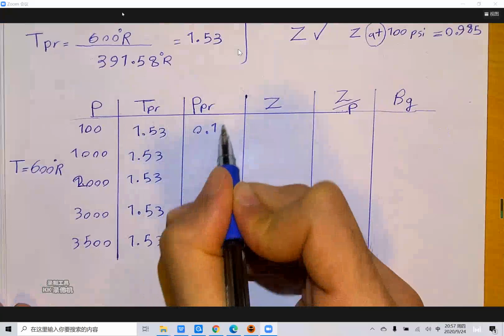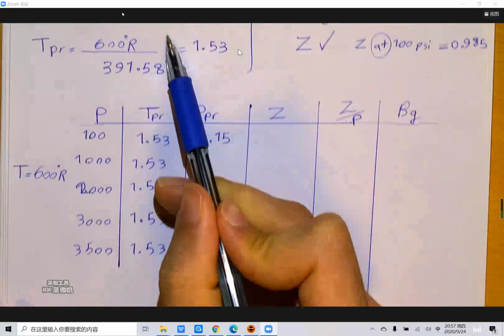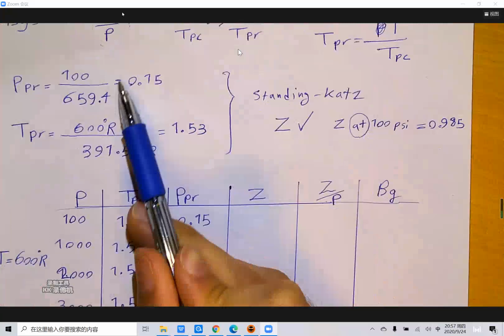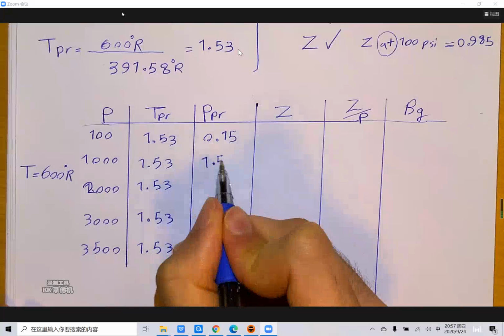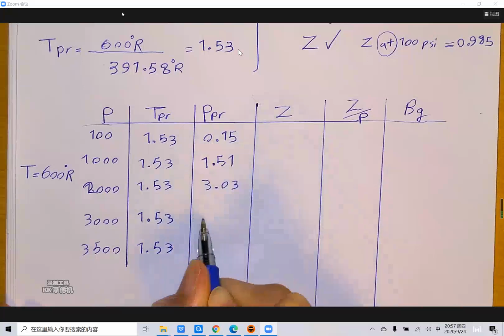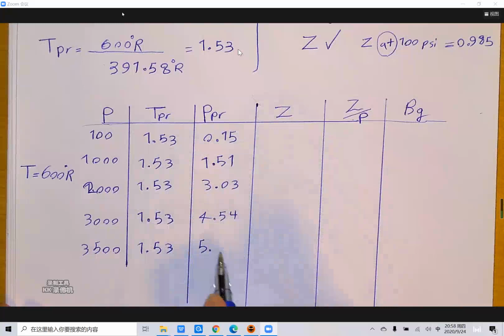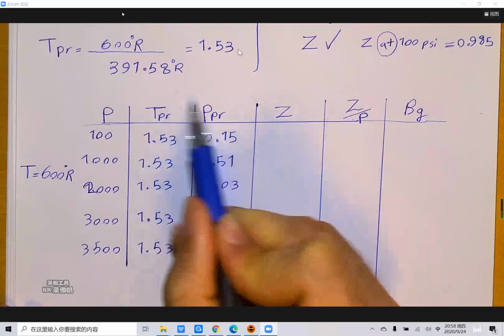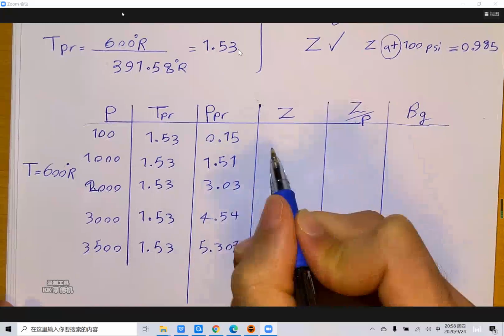We already found it at 100 psi here. Complete the table. Then by having these two, find the compressibility factor with the Standing-Katz chart.